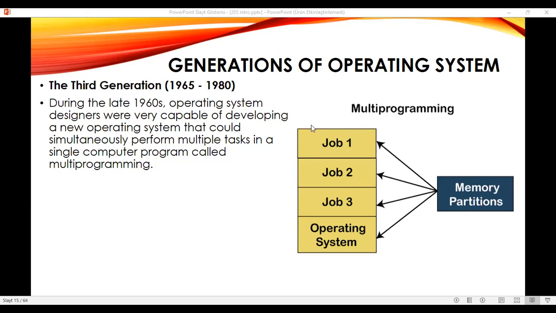But in newer computer systems, which we call multi-programming, the CPU can set this job aside until it finishes that input, and it can take another job. And in this case, the CPU will not be idle.